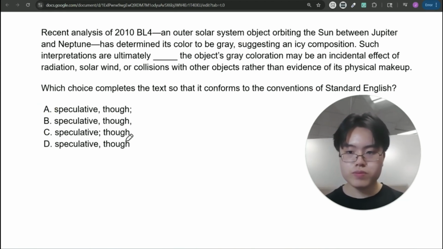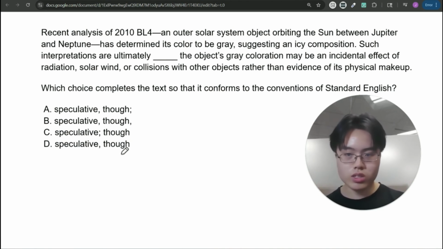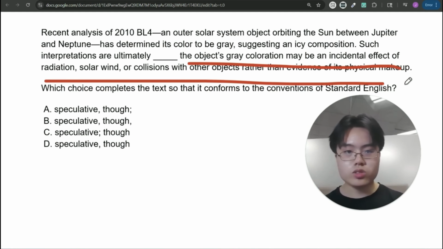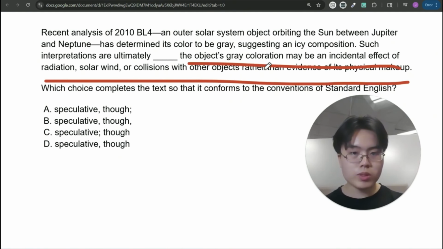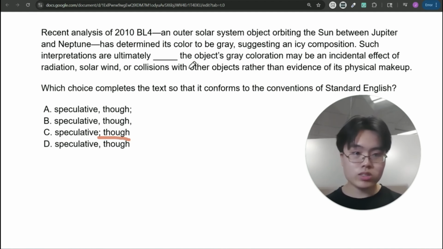Because there's no comma here, we know it's not a transition word. If it was a transition word, there has to be a comma there because it's not such an element, right? Since there's no comma there, this has to be a dependent clause starter then. And if you read this, you would realize it's an independent clause. If I put a though in front of the independent clause, that's not an independent clause anymore.